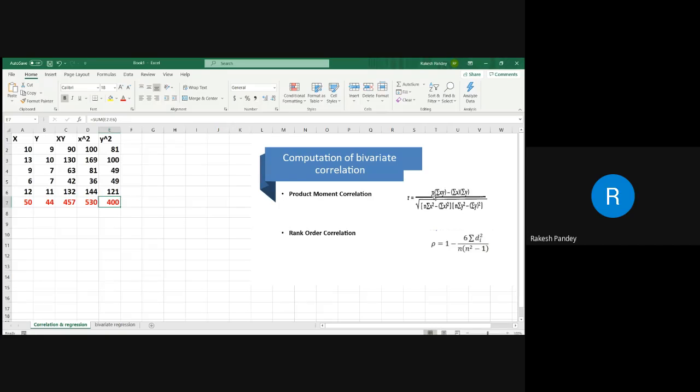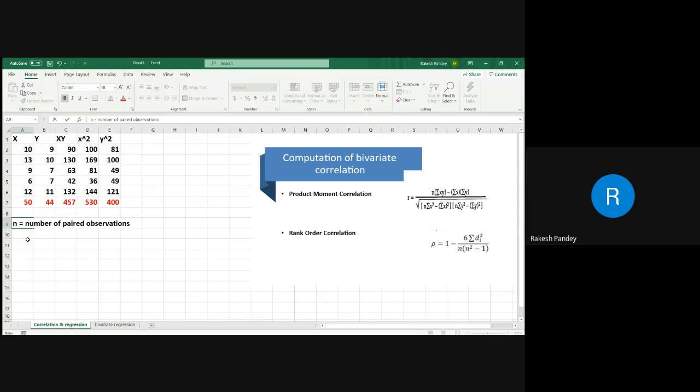Here n is not 5 and 5 is 10. N means here n is equal to the number of paired observations. So how many pairs? 1 pair, 2 pair, 3 pair, this is the 4th pair, and this is the 5th pair.